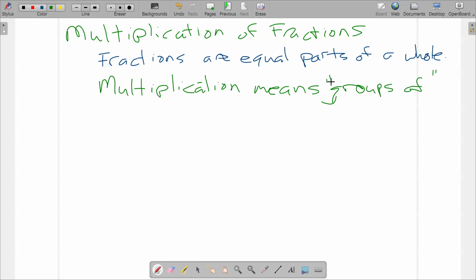Let's see, I'm going to start off with the problem 1/3 times 3/4. To figure out how to come up with the answer here and why that should be the answer, I'm just going to rewrite this as 1/3 groups of 3/4.